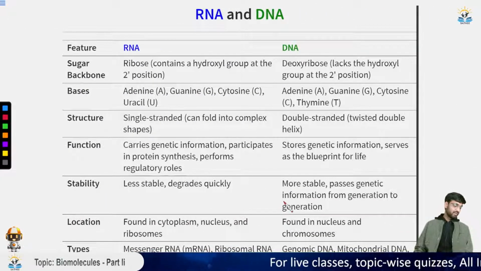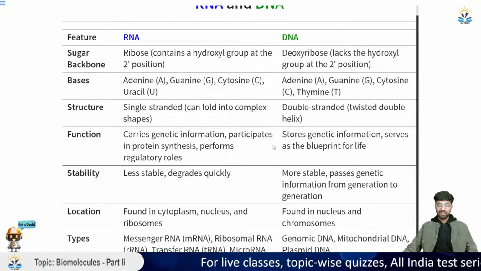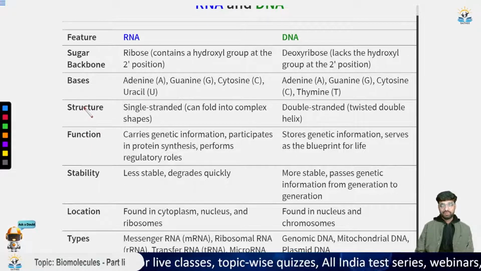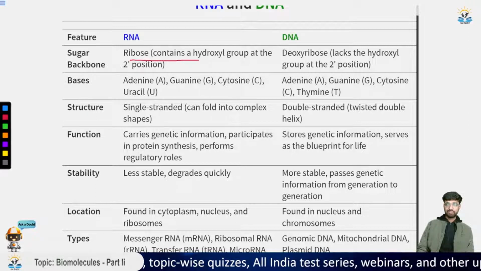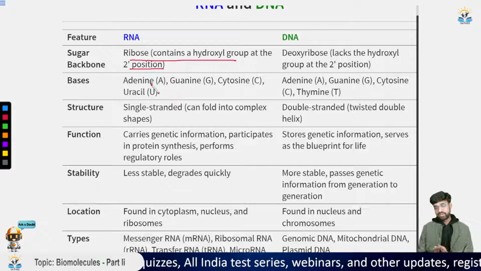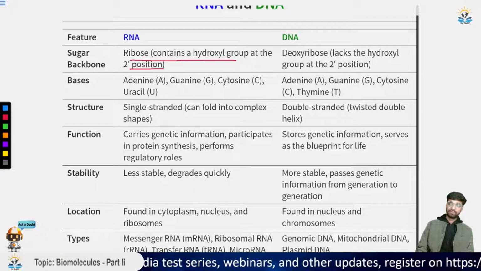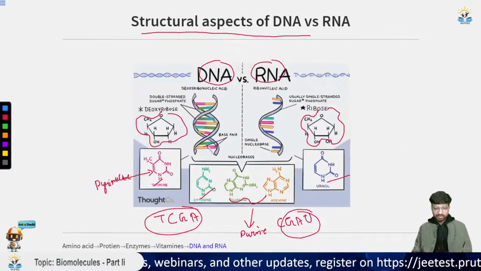Next, what is the difference between RNA and DNA? Here I put up a table. First, the sugar backbone. The sugar backbone of RNA mainly consists of a hydroxyl group at the 2 position, that is ribose. So ribose forms the frame structure, whereas in DNA we have deoxyribose.